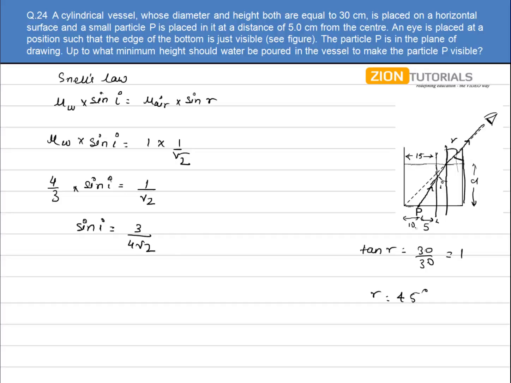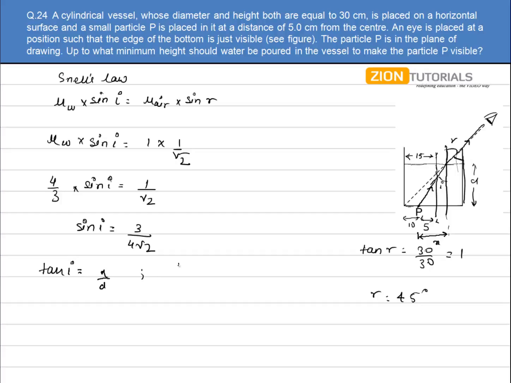Alright, now let us assume that this distance is x. So what I can write is tan of I is equal to x by d.